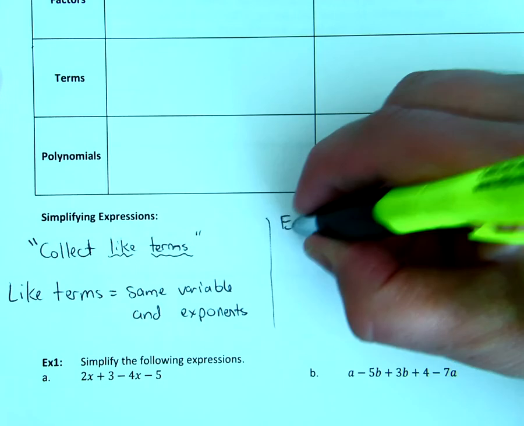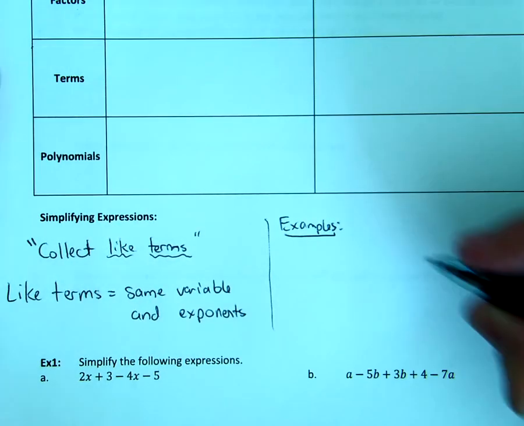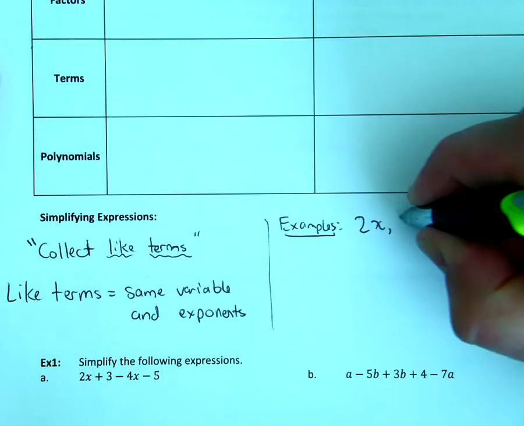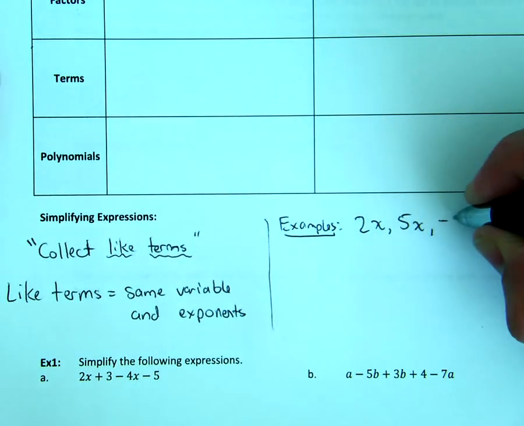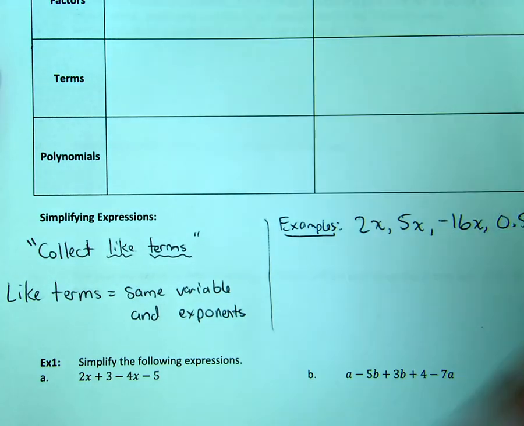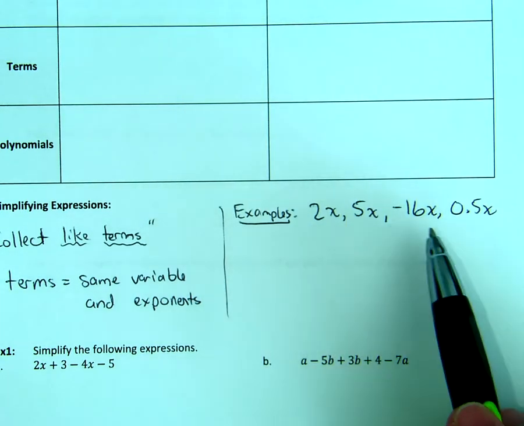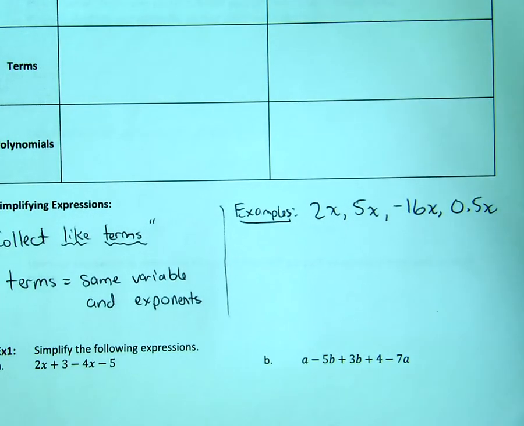So examples. Some examples of like terms would be 2x, 5x, negative 16x, 0.5x. All of those have the same variable, so they are like terms.